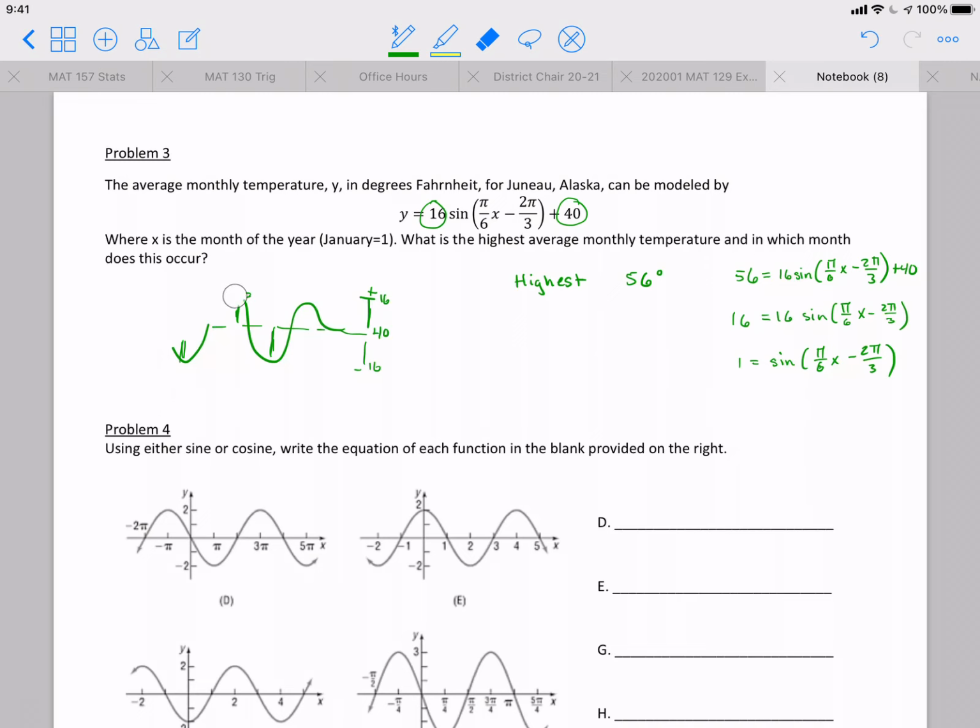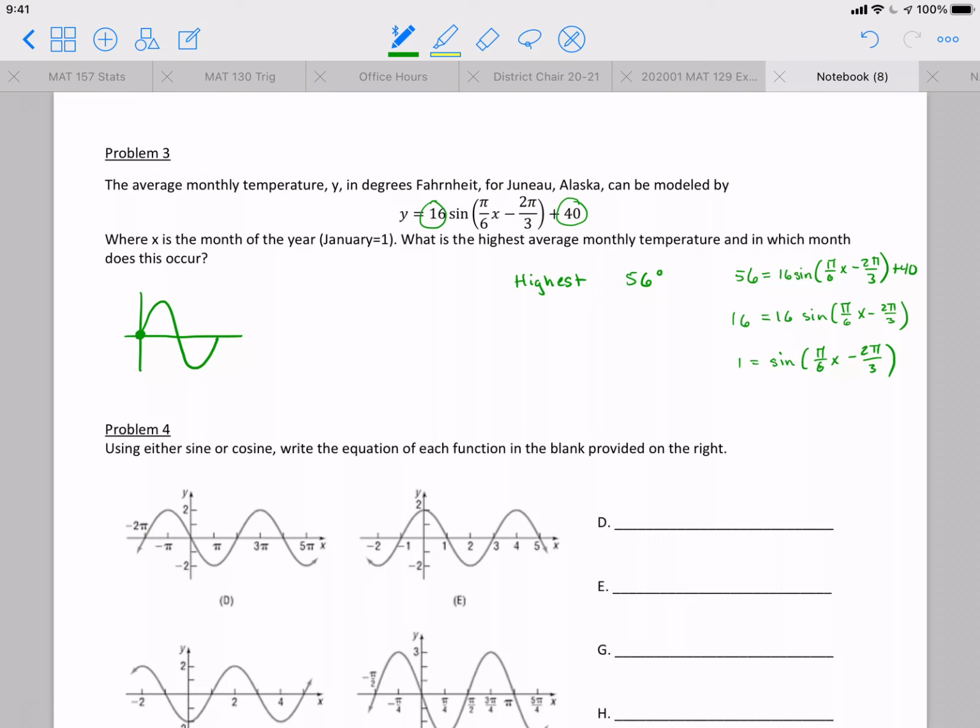The other thing you could do is just think about the function. Think about the graph, right? Normally sine starts right here, but this one doesn't start there.